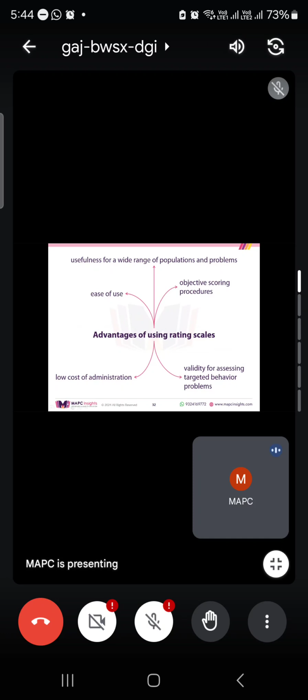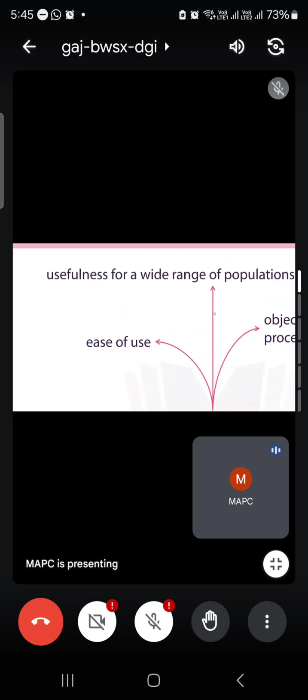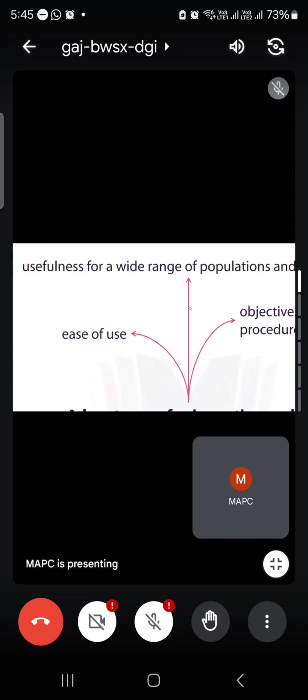Advantages of using this rating scale: it's easy to use. It is useful for a wide range of populations and problems, for a wide range of issues and a diverse public.